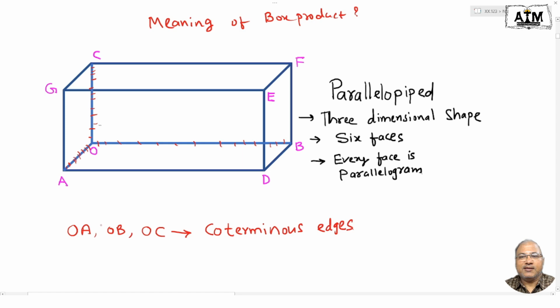Now we represent OA by vector A, and OB we represent by vector B, and OC we represent by vector C. So we got three vectors here: vector A, vector B and vector C.